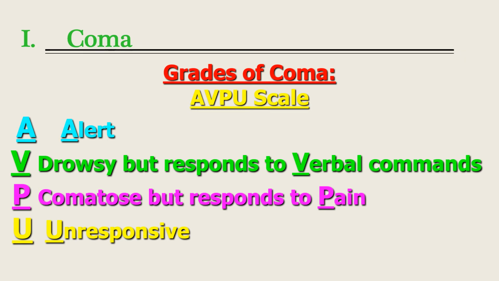These are the AVPU scale, and as you see, it is very simple and very rapid and not time consuming, and you can do it in a few seconds. Alert, respond to verbal command, respond to pain, unresponsive.